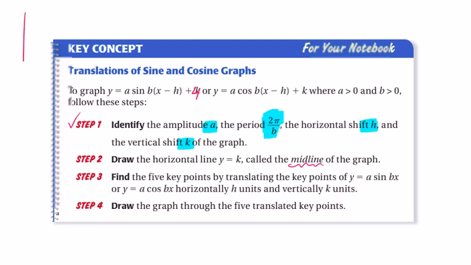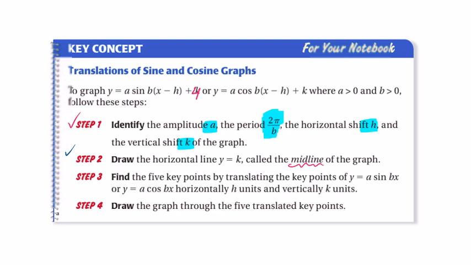So I'm going to take my lovely, just regular sine, and I'm going to shift it up 1, 2, 3, 4, and here's this kind of dotted line, and that is going to be my new midline for my sine function. Alright, so let's go ahead and say we drew that line.